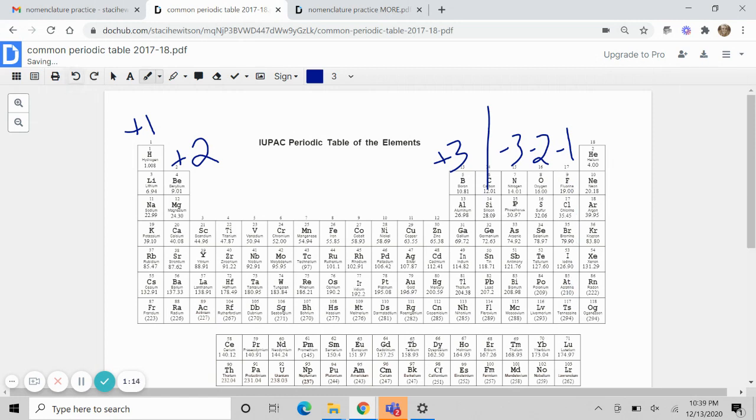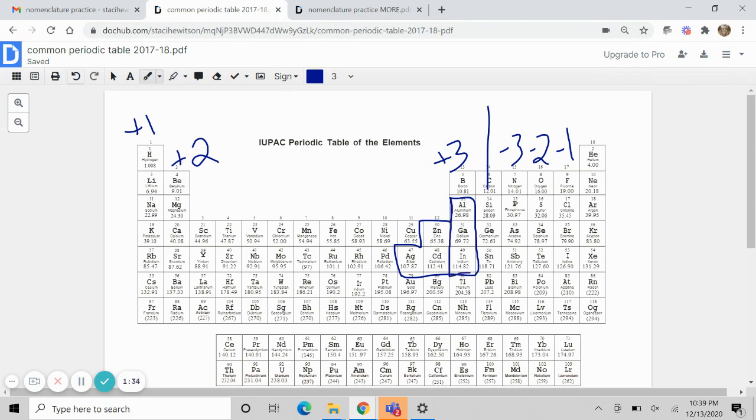Another thing that we all need to have on our periodic table is the triangle drawn. This is our triangle. This triangle is the metals that look like transition metals because they're in this transition metal block, but they have specific charges.